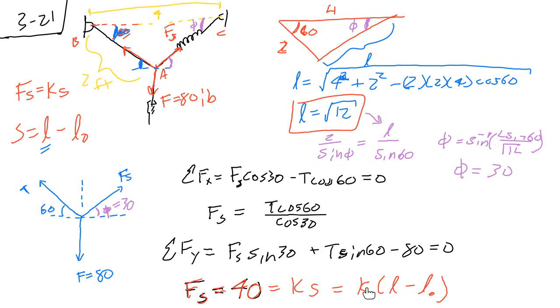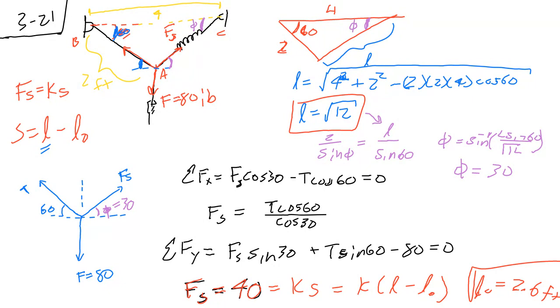So plugging all that in, doing algebra, dividing by K, subtracting over L, we get L naught to be 2.6 feet. Unstretched length.